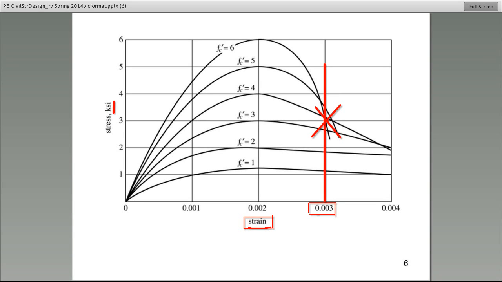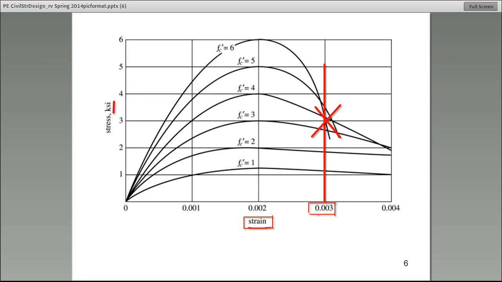That is not so true with the 3,000, 4,000, 1,000, and 2,000 psi concrete. However, it is a conservative assumption for those other concretes. Therefore, ACI, American Concrete Institute, makes that assumption in the design equations.